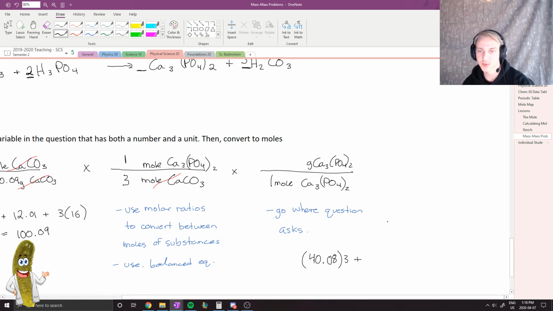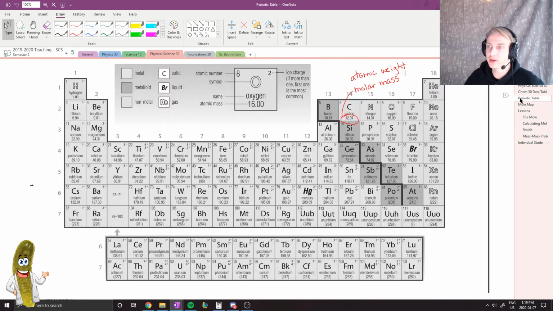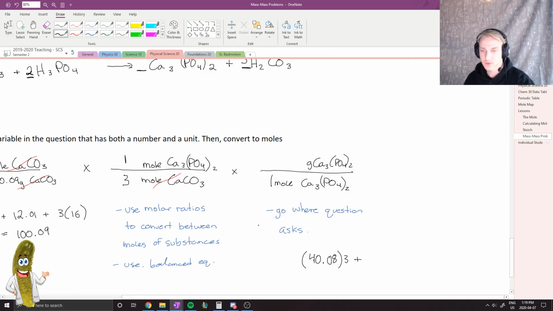One of the trickiest parts about this question is this PO4 here, figuring out the molar mass of that. And so with the PO4, if we go to our periodic table, phosphorus has a mass of 30.97. And then the question becomes, how many of them are there?